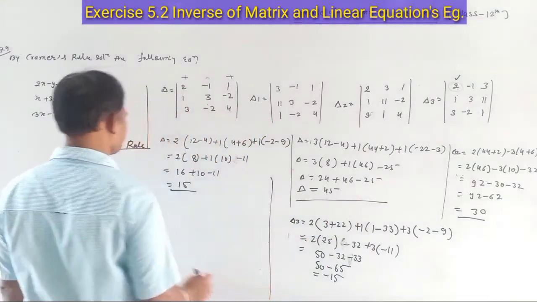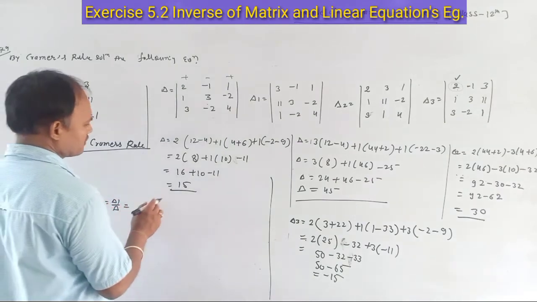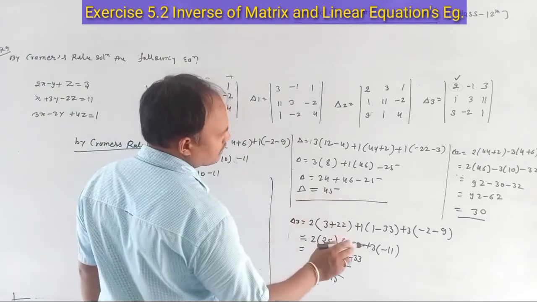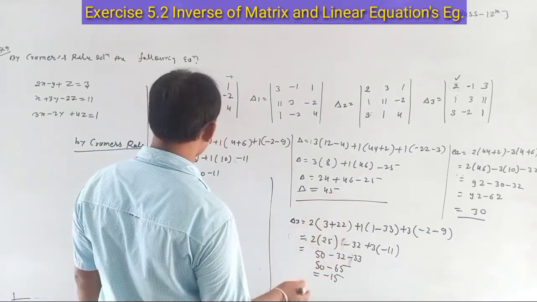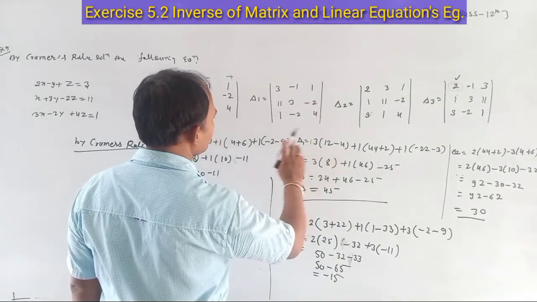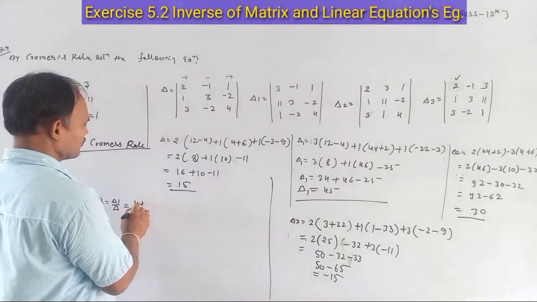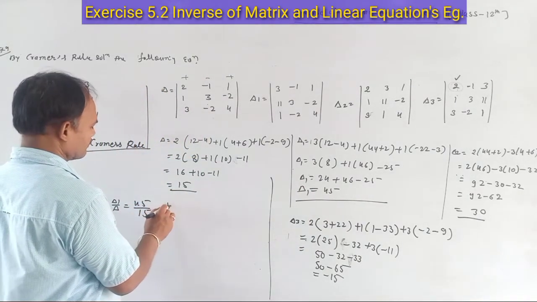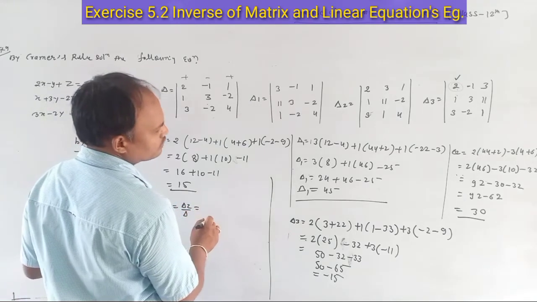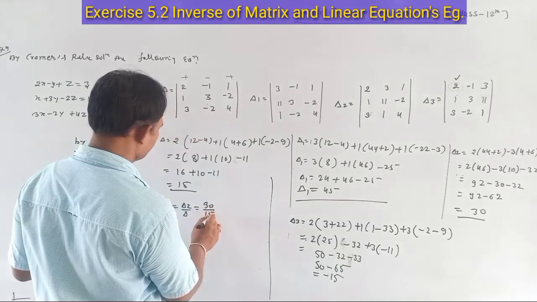Now what is the value of x? x is delta 1 upon delta, so delta 1 is 45 upon 15. y equals delta 2 upon delta, so 30 upon 15.